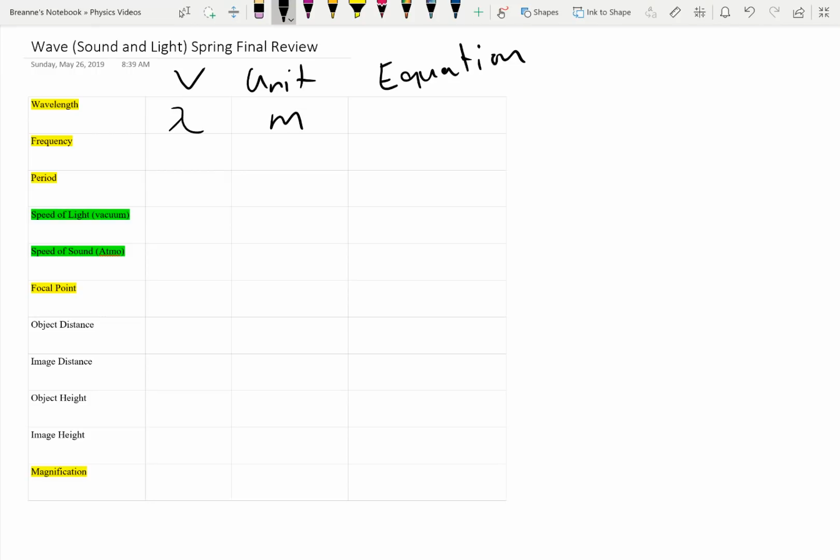Your equation for wavelength is wavelength equals velocity over frequency. It's the exact same equation, but you might see it more as velocity equals wavelength times frequency. But it's the same equation that one just solved for wavelength. For frequency, frequency is represented with like a little fancy f.